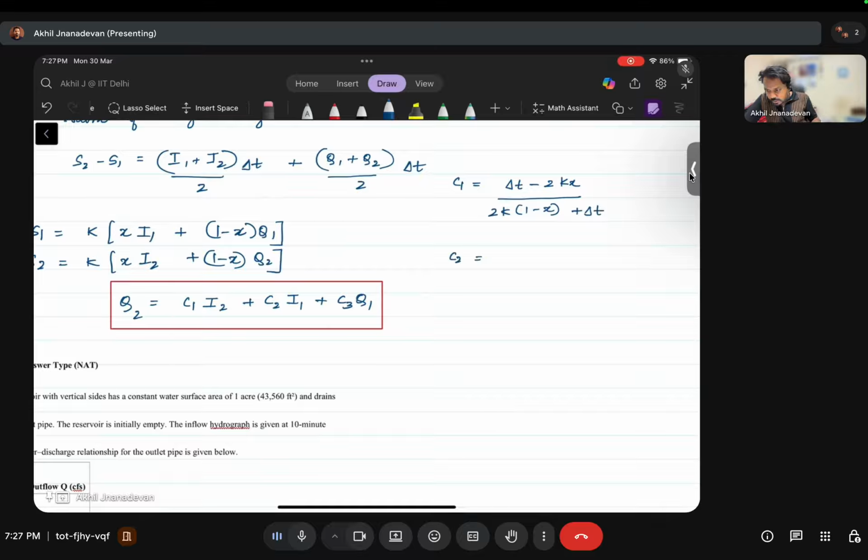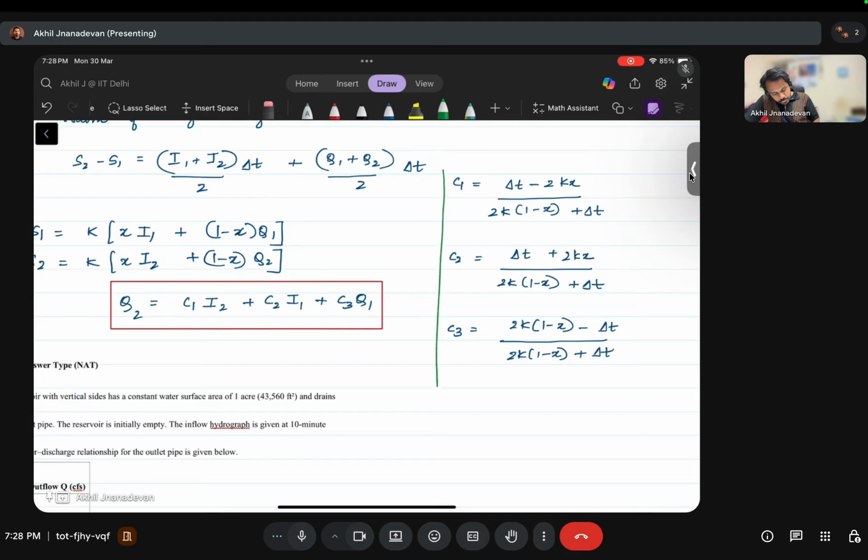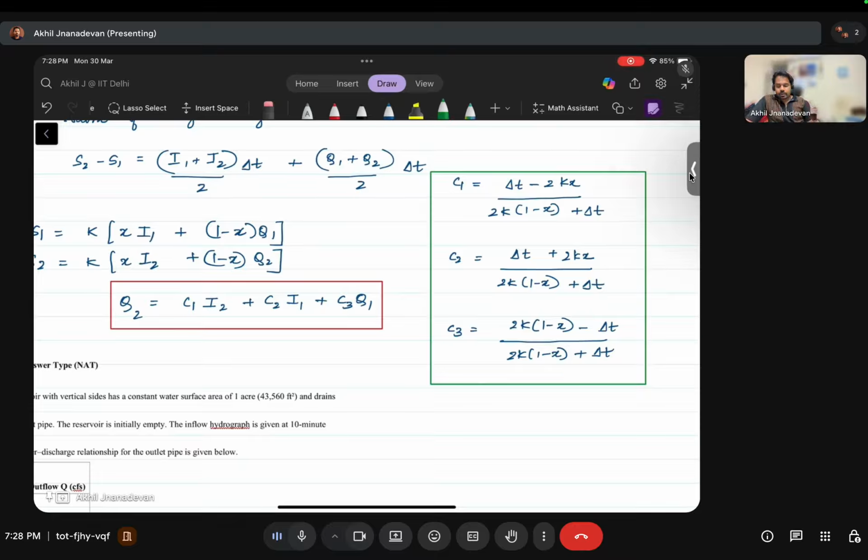C2 is (delta t plus 2Kx) by (2K (1 minus x) plus delta t), and C3 is (2K (1 minus x) minus delta t) divided by (2K (1 minus x) plus delta t). So these are the values for the constants, and if we have these we can route the flow.